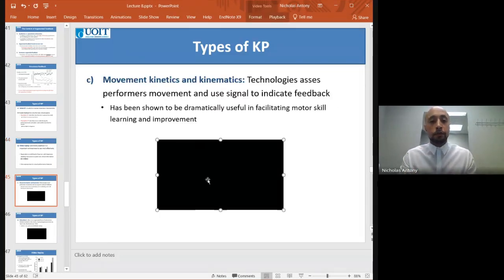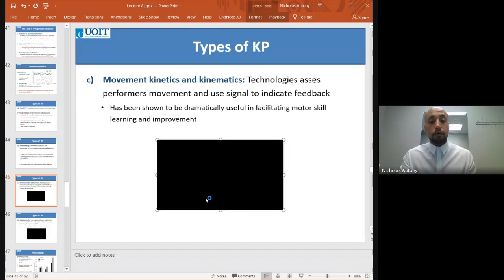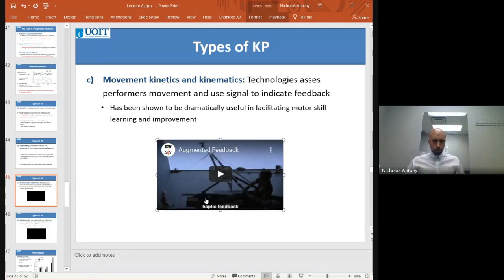Here's an example of using movement kinematics. Let's get it up. So you can use technologies to provide KP feedback to learners.